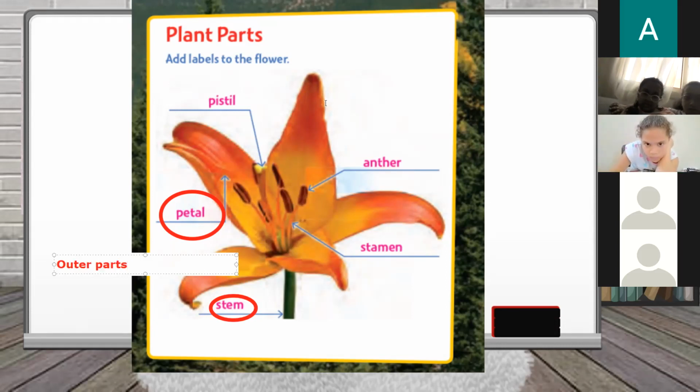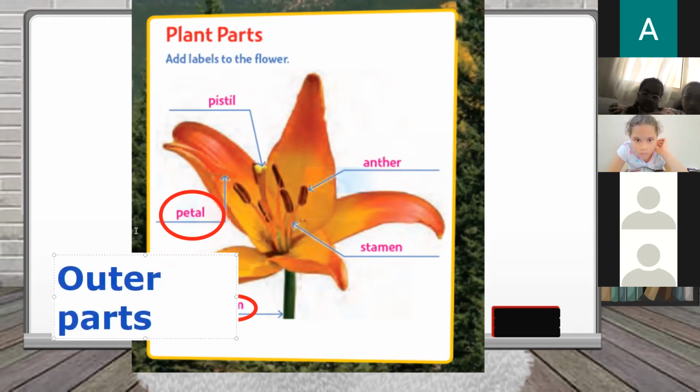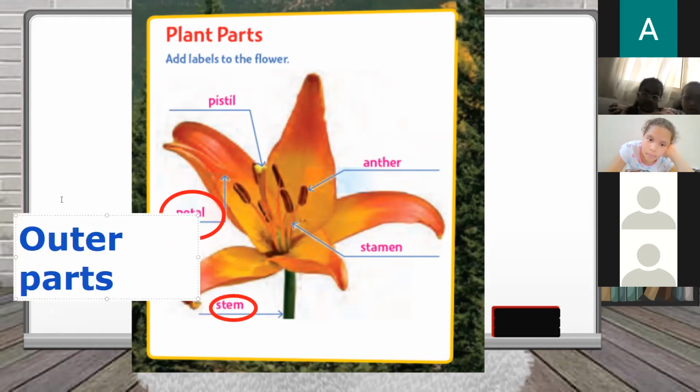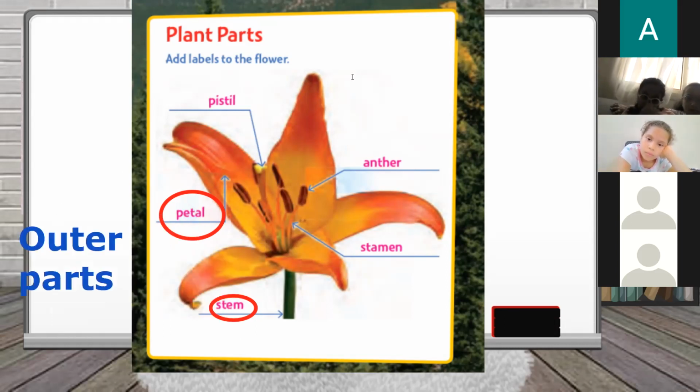I'm gonna make it bigger. The outer parts, make it in blue. These are the outer parts, which are the petal and the stem. So the rest, guys, are the inner parts.